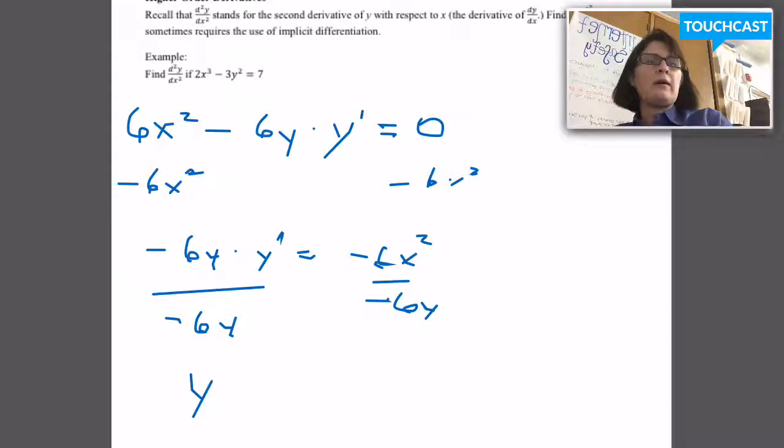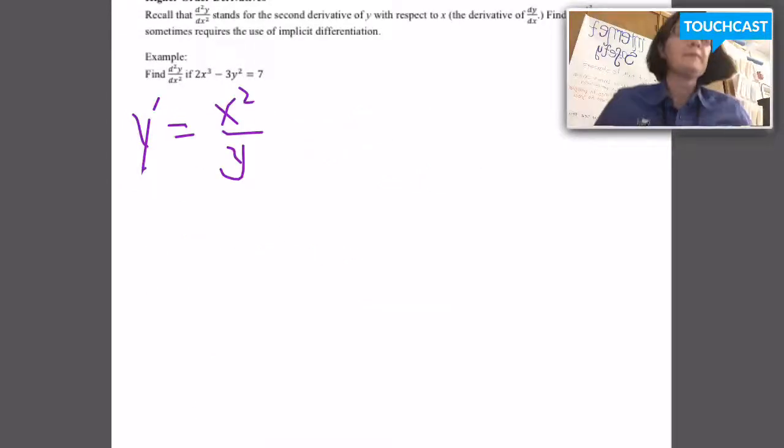And I get y prime equals negative 6x squared over negative 6y. The negative 6's will cancel, and I get x squared over y. So that's my first job. I found y prime, I found dy dx, and it's equal to x squared over y.